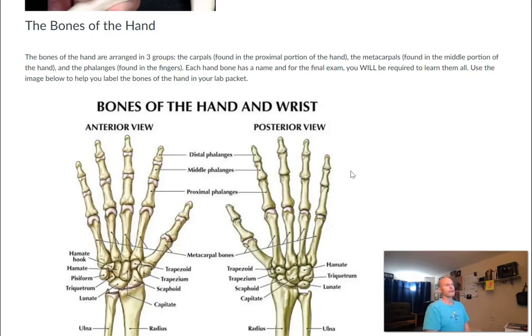So that's why we have 3, 6, 9, 12, 14 phalanx bones or phalanges on each hand and not 15. So it's not just 5 times 3 because one of those phalanxes doesn't have a middle phalanx.